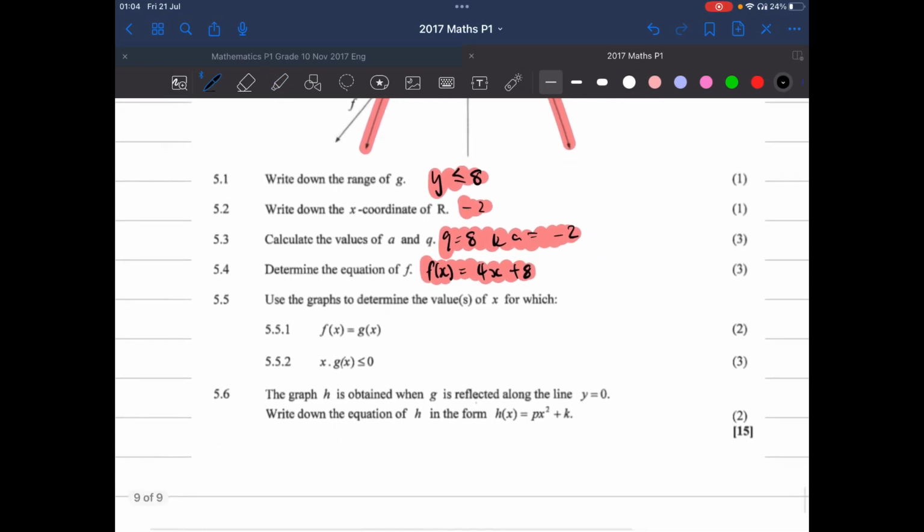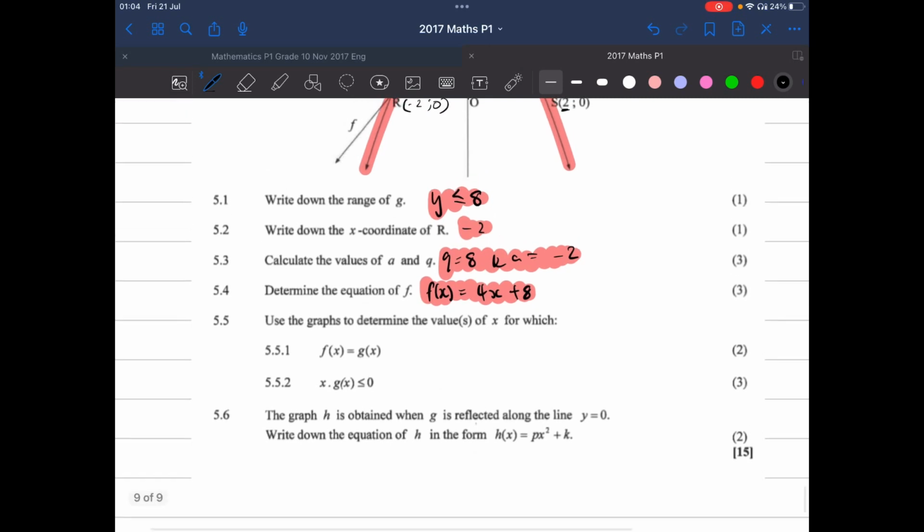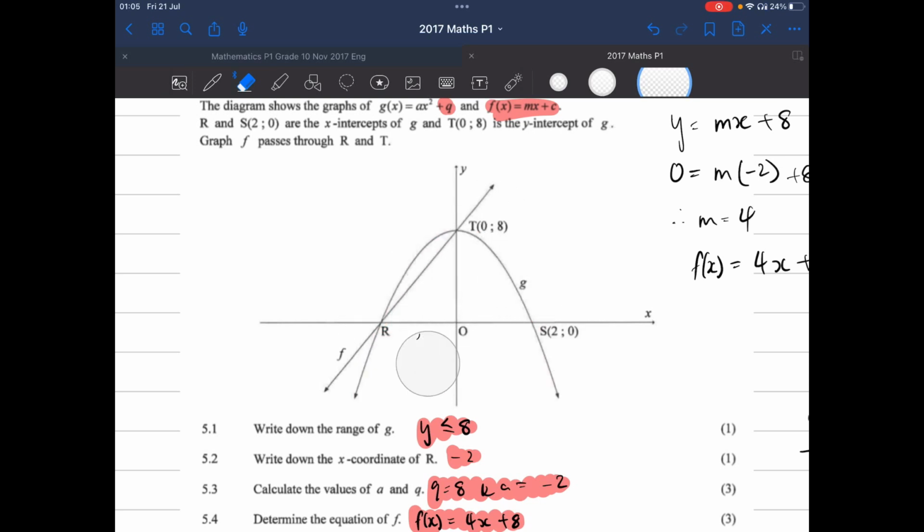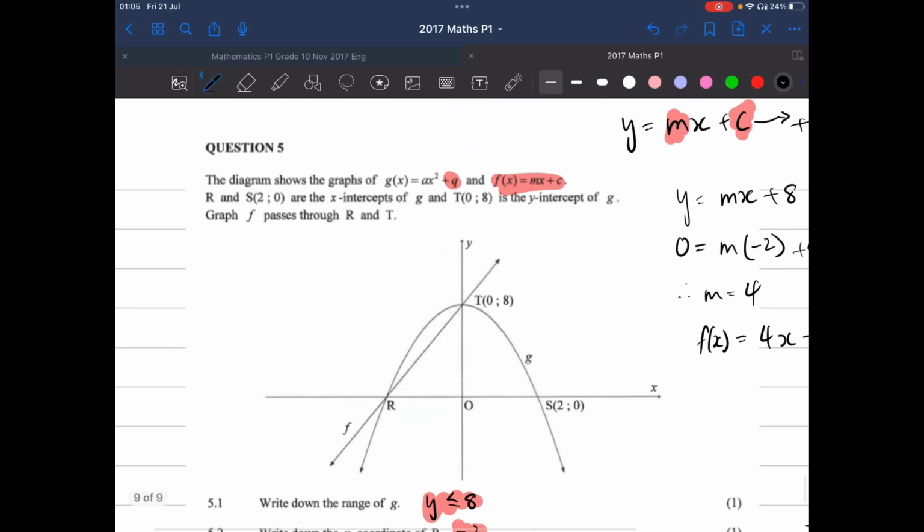Use the graph to determine the values of x for which, okay, so where f of x is equal to g of x. So basically we're looking for the points of intersection because they're saying wherever f of x is equal to g of x.